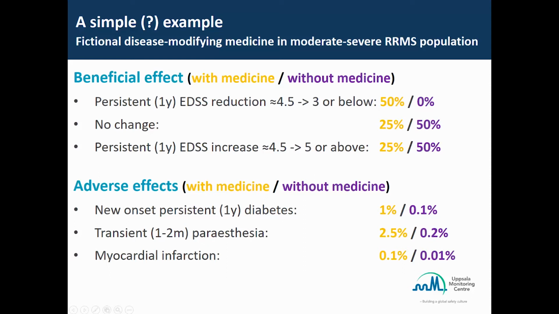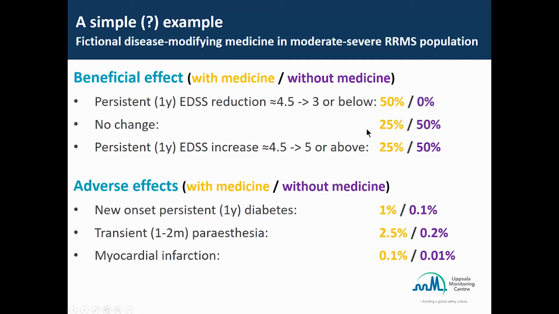So what we do see, first of all, is that the medicine has a positive effect. Half of the treated patients get better, 1/4 experience no change, and 1/4 get worse. I've also tried to define what better and worse mean in this case.